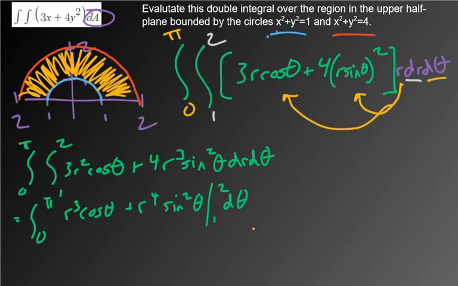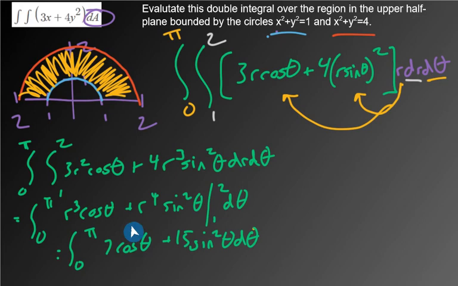And if you plug in 1 and 2, you should see that you get 7 cos theta plus 15 sine squared theta d theta. And both of those integrals are nice.